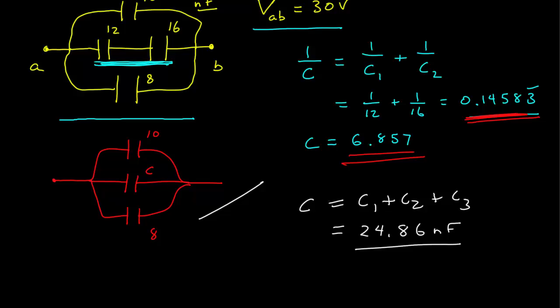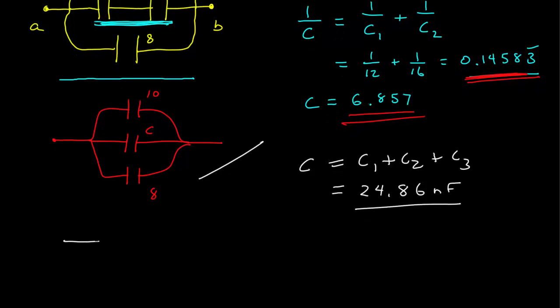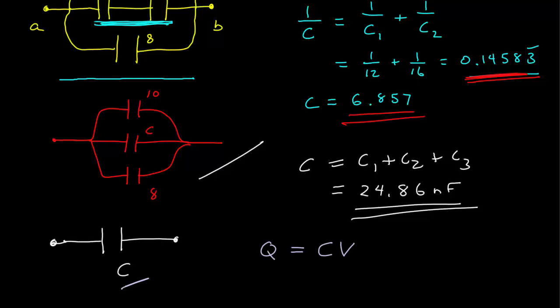Okay, so now I have this entire system that's equivalent to a single capacitor with this capacitance. So now I can ask the question, what is the total charge in the system? Because if I have a single capacitor, then the total charge is simply the capacitance times the voltage across it.